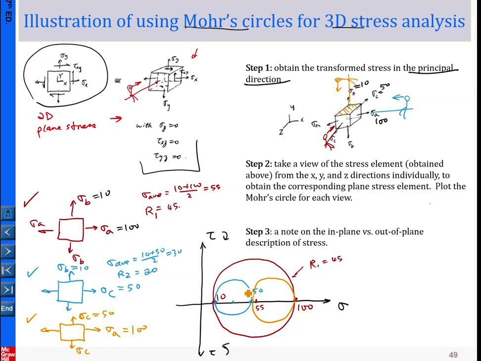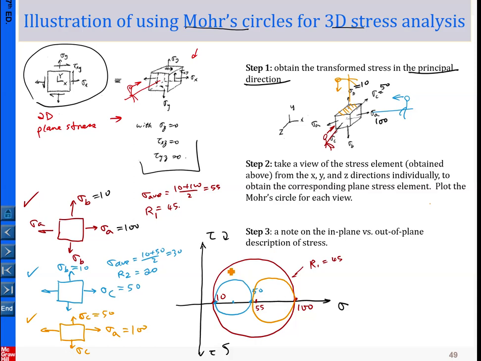So basically each circle showing here is a projection of the information to your viewpoint of the three-dimensional stress element here. And the three circles, once you draw them completely correctly, must be tangent to one another. Okay, something like this one.